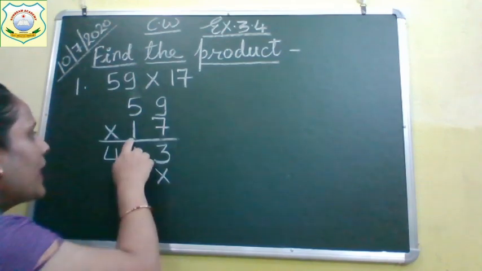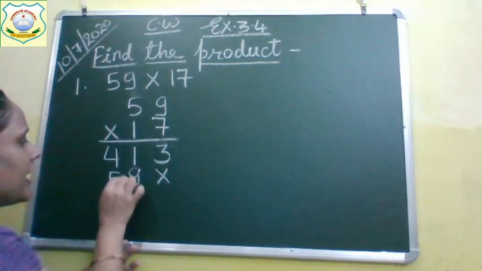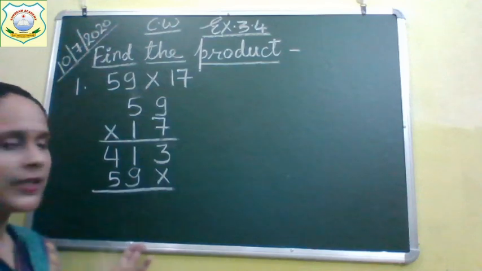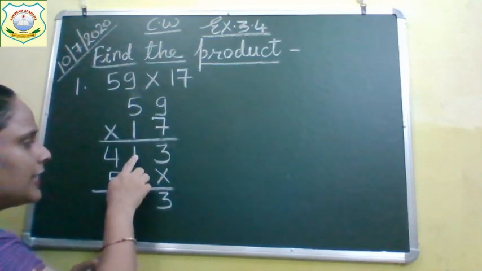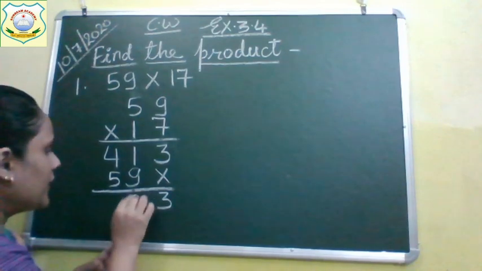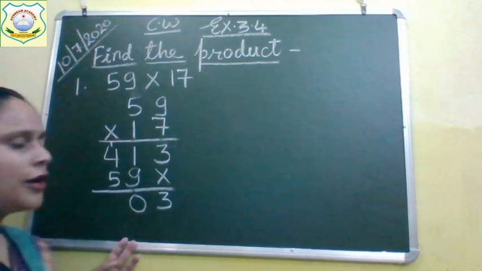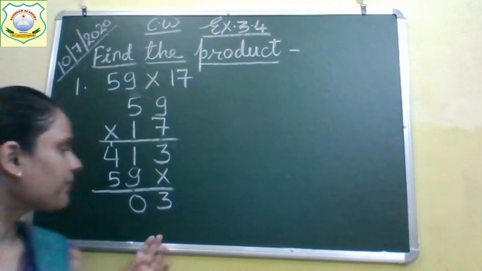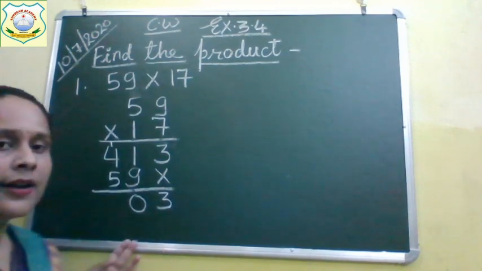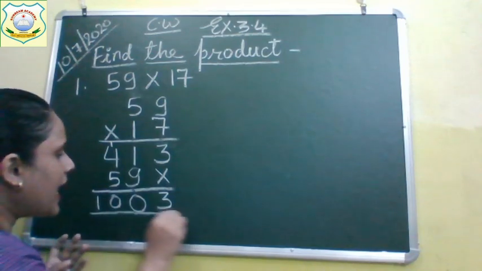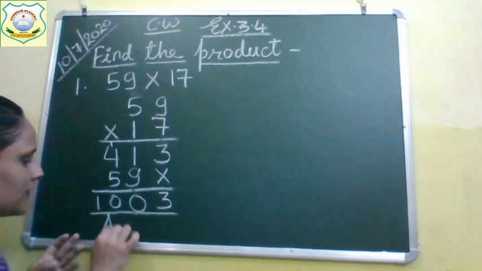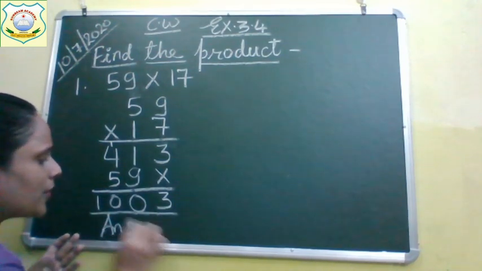So 1 five is 5. Now add both the numbers. Here you will get 9 plus 1, you will get 10. So write 0 and put 1 carry. 5 plus 4 is 9, and plus 1 is 10.